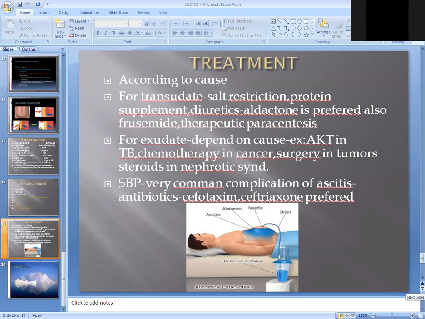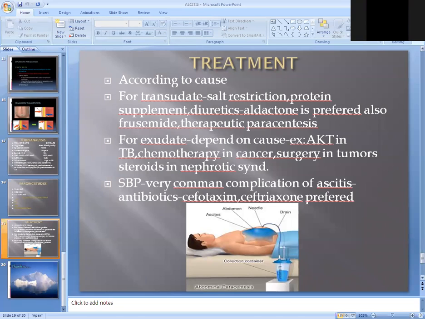Treatment is according to the cause, for transudate or for exudate. For transudate, the treatment is mainly bed rest, fluid restriction, salt restriction, high protein diet, and the main drug used is diuretics. Aldactone is the preferred drug because in liver cirrhosis there is activation of the RAS system, that is the renin angiotensin aldosterone system.